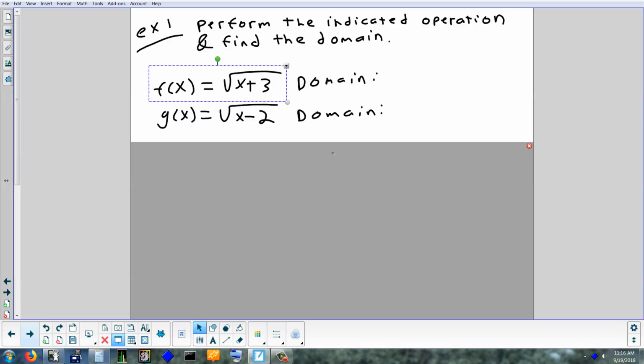How about, you're gonna hate me, how about -2.5? That's not above it, but -2.5 does work. Anyone? Yeah. X is bigger than -3, or equal. It can equal because you can take the square root of 0. So you can pick any number from -3, including up to infinity.